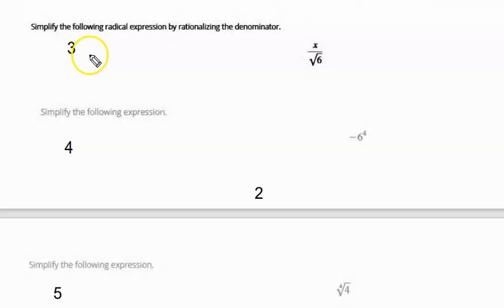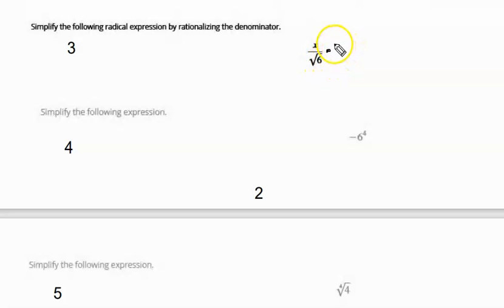Now in example 3, they're asking us to rationalize the denominator. Well, here we're going to multiply the fraction by 1, but what form of 1 would rationalize the denominator?